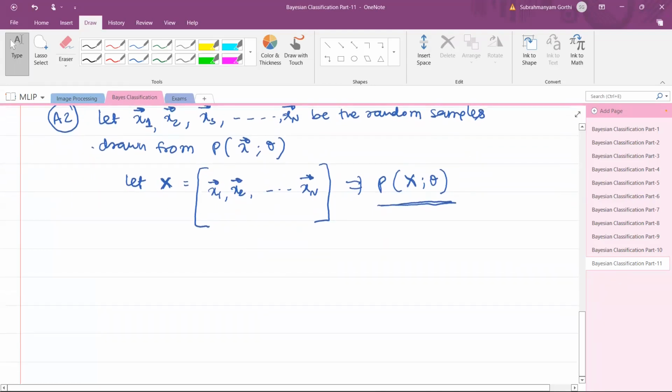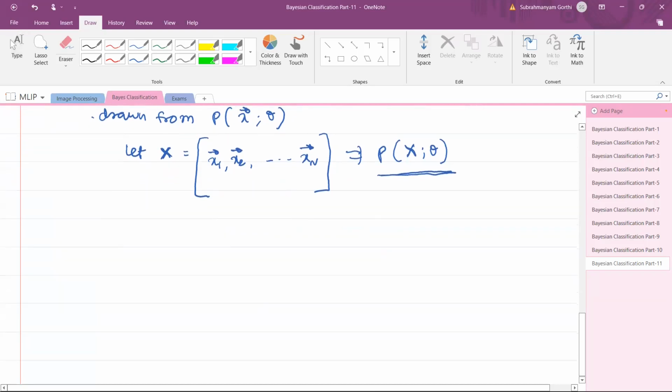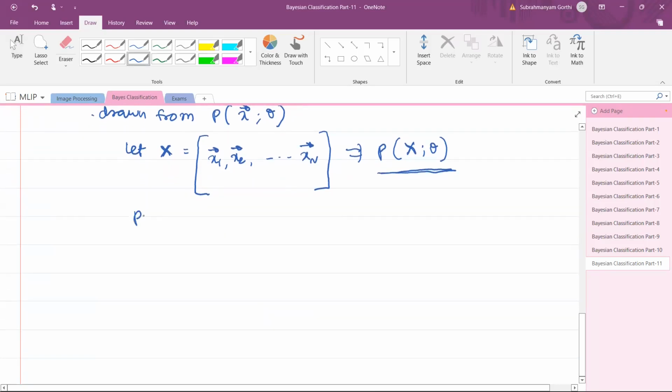Now, the probability of x given theta I could write as the probability of x1 bar, x2 bar, and so on, xn bar, for a given theta value.